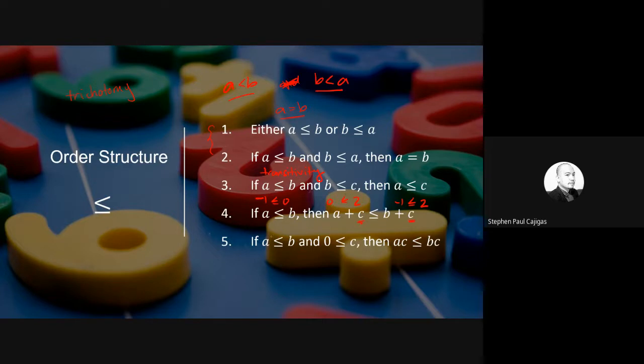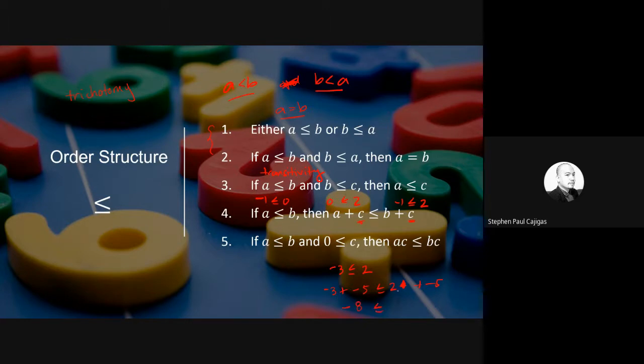So, for example, we see that -3 is less than or equal to 2. So if you add a negative, say -5, sorry. -3 plus -5, that is -8.